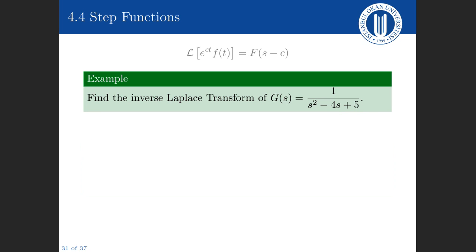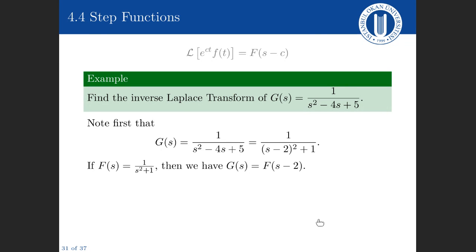For example, find the inverse Laplace transform of 1 over s squared minus 4s plus 5. Now, first of all, note that we can complete the square on the denominator, and we can write this as 1 over (s minus 2) squared plus 1.